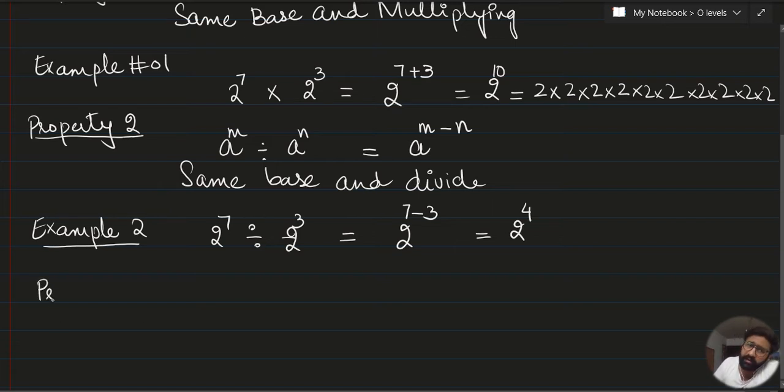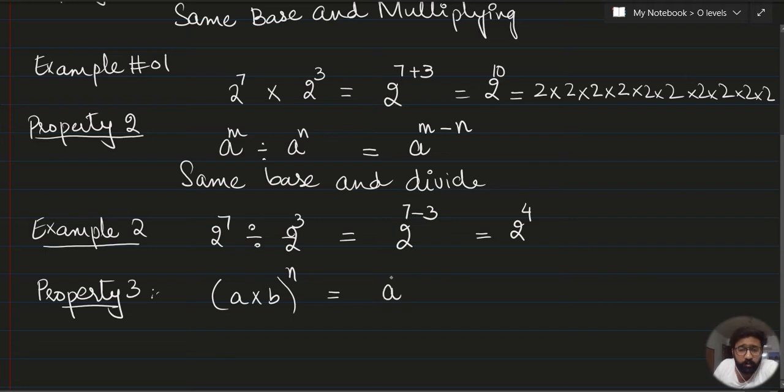Now there is another property, property number 3, and what is going to happen in that property? If the two numbers are being multiplied and there is a power on top of the bracket, like n, this power is going to come on top of both the numbers.